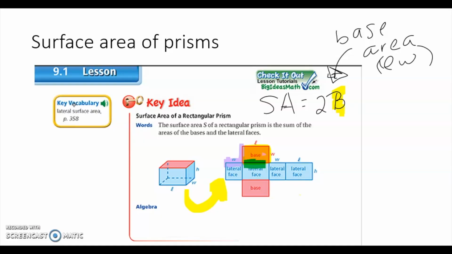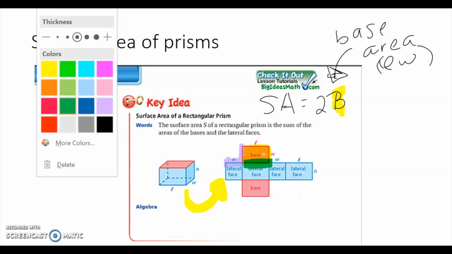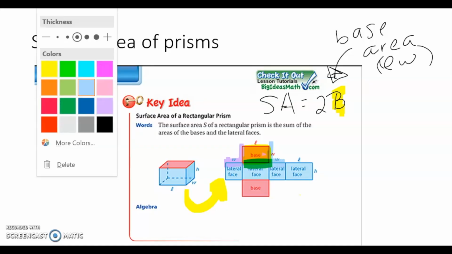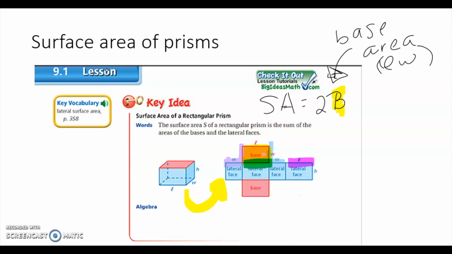Obviously, these edges match up and are the same length because they're touching. Then we would see that this edge right here would actually match up with that edge there. And then finally, this edge over here would match up with this edge here.